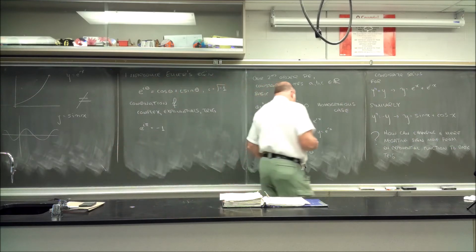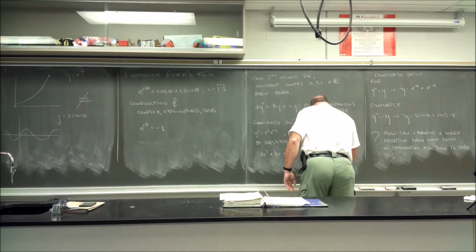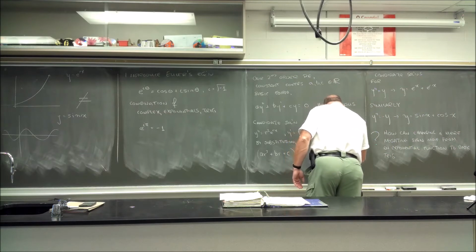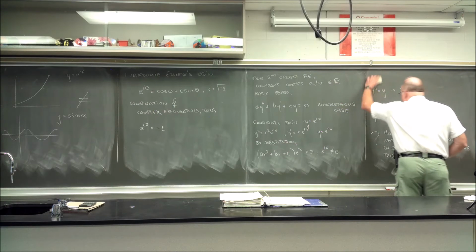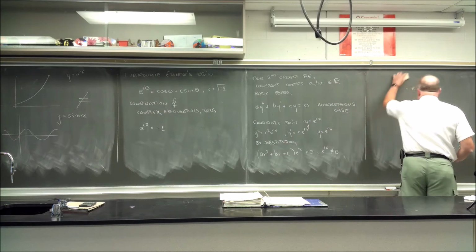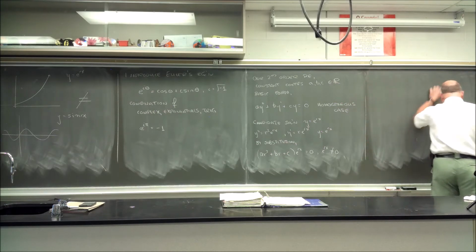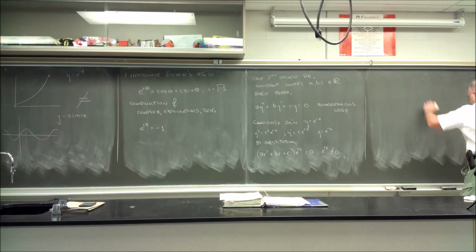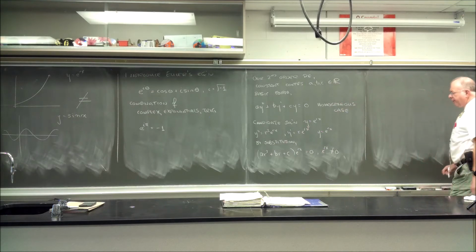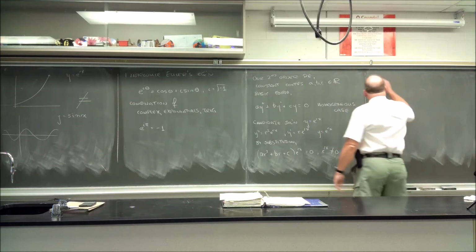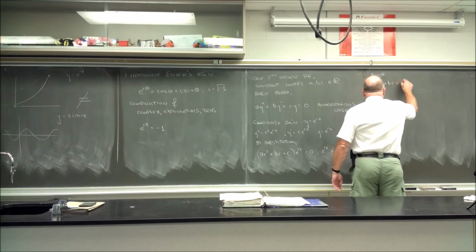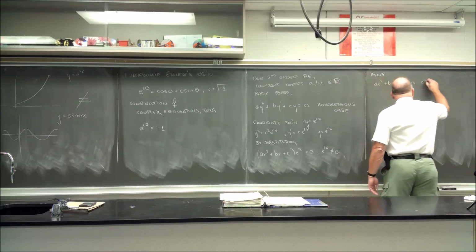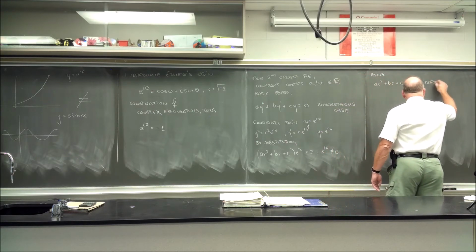So we can say that e to the rx is distinct from 0, and that means that our old friend, this quadratic equation, is going to be the only place where we can obtain roots. Hence, a r squared plus b r plus c equals 0, and this is known as our characteristic equation.